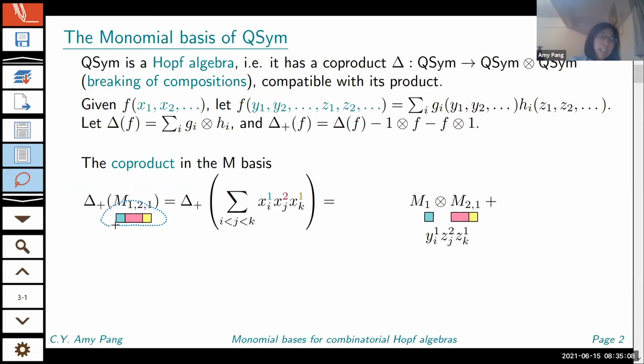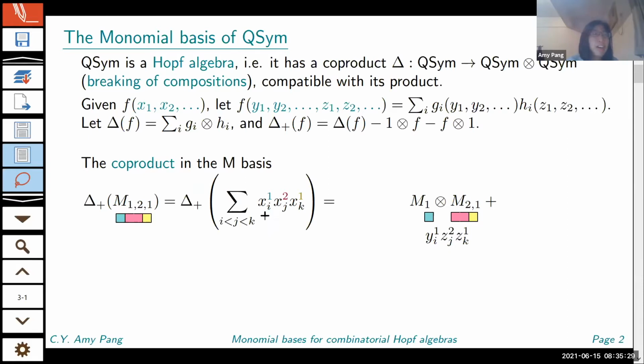So I start with one diagram and I break it into two separate diagrams. And again, the exact rule is not going to be so important, but at the end I'll point out what are the important features about this particular rule.